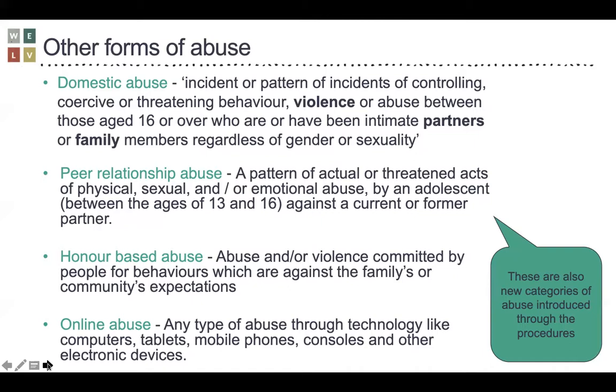Honour-based abuse is also included, which is described as abuse and/or violence committed by people for behaviours which are against the family's or community's expectations. And we also see the definition and description of online abuse. So again, these are additional new considerations, new categories, definitions referred to in these new procedures.